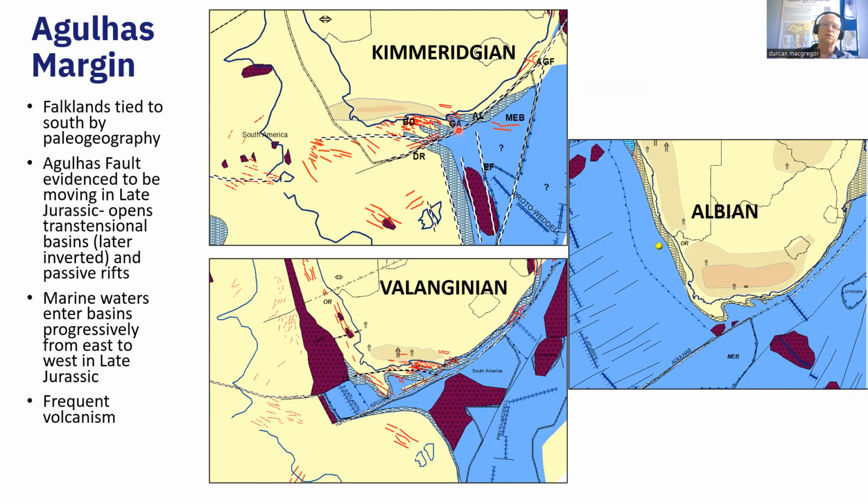That is also supported by the paleogeography. We know that this East Falklands Basin is in deep water at the time. That fixes the position of the Falklands because we don't have marine strata in the West Falklands Basin until the Triassic. So this East Falklands Basin has to be juxtaposed against these basins in the mid to late Jurassic.